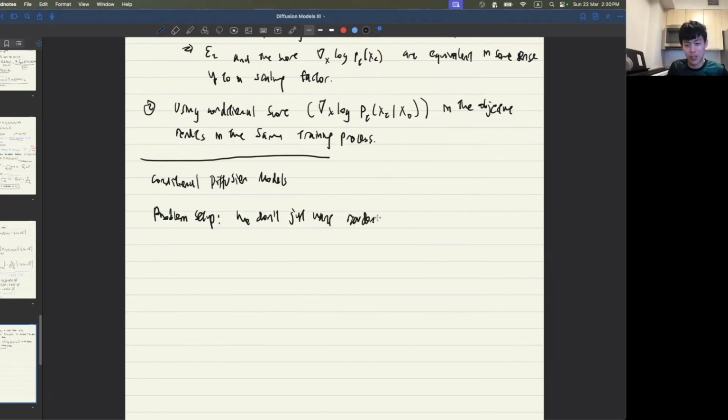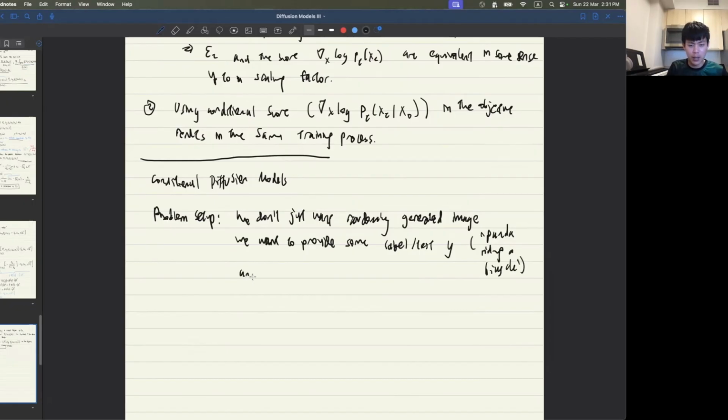We want to provide some label or text y. This y can be like "panda riding a bicycle" and expect to receive that image. Basically, an image that is conditional on y.